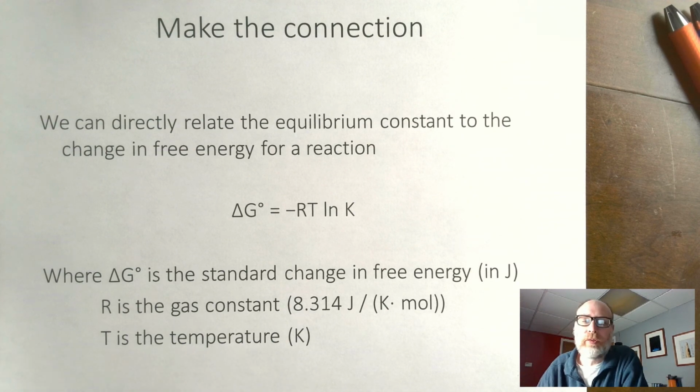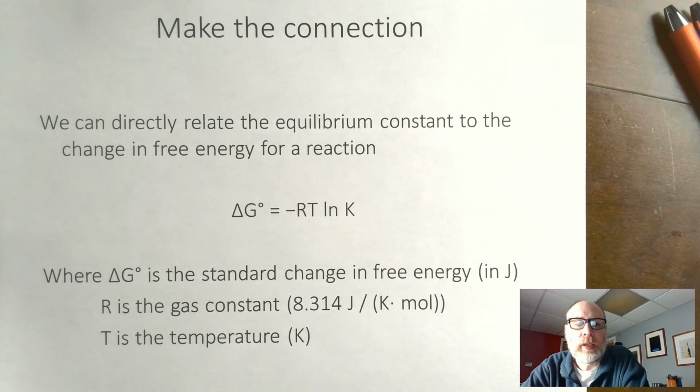Remember, we've used about 3 or 4 different versions of the gas constant at this point. It depends on the situation which one you'll use, but the form of it will be back to the 8.314 joules per mole degree K. Temperature, of course, always has to be in Kelvin. And the free energy changes in joules.